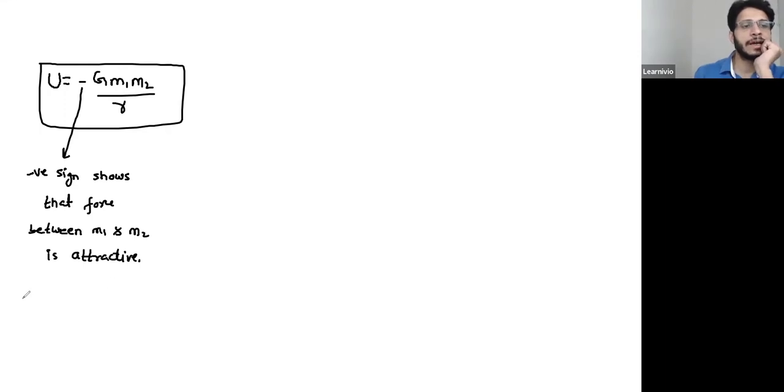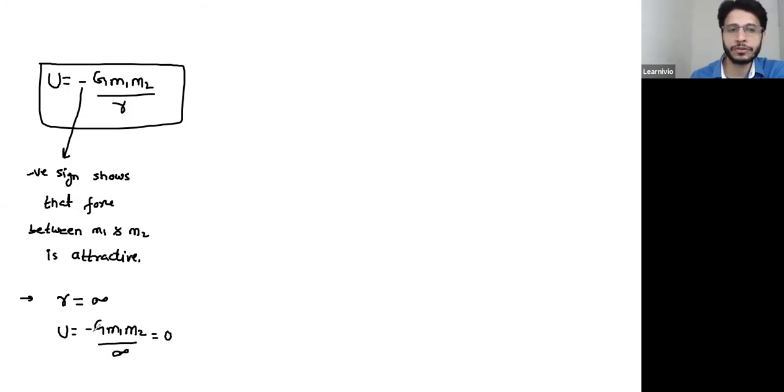Then he can ask you to calculate the maximum value of potential energy. So if I take R equal to infinity, can you guess how much U is? Minus G M1 M2, 1 by infinity is 0, so it comes out to be 0. Yes, this is the maximum value of potential energy, 0, because all other values would be negative.